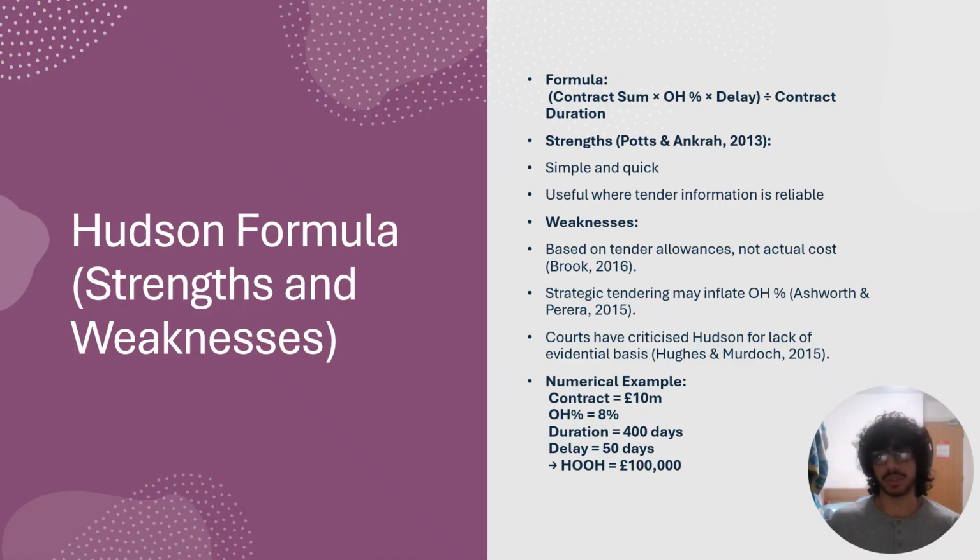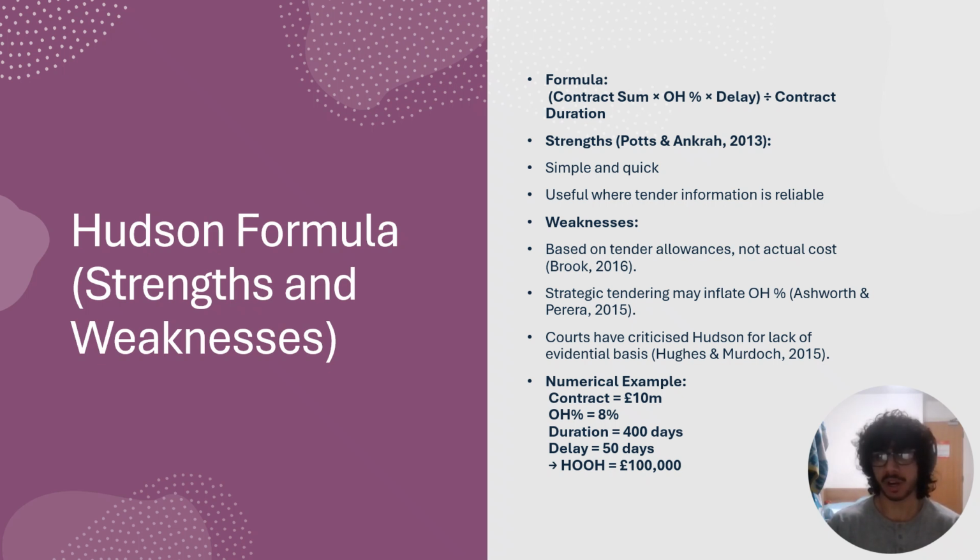The Hudson formula. The Hudson formula applies the tendered overhead percentage to the contract value and adjusts it for the delayed period. Potts and Ankara note that its advantage is simplicity. It's quick, familiar, and easy to calculate. However, Brooke explains that tender overhead percentages often include strategic pricing, meaning they don't necessarily reflect real overhead requirements.